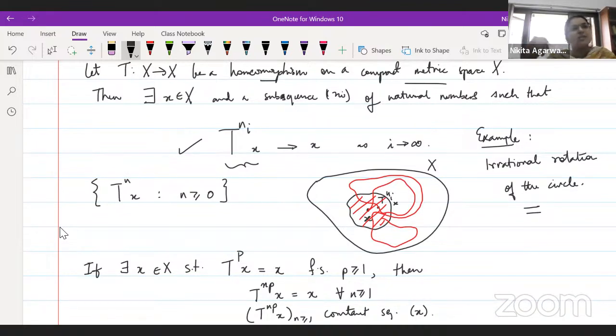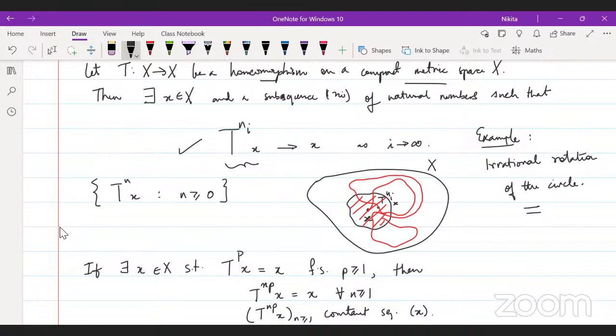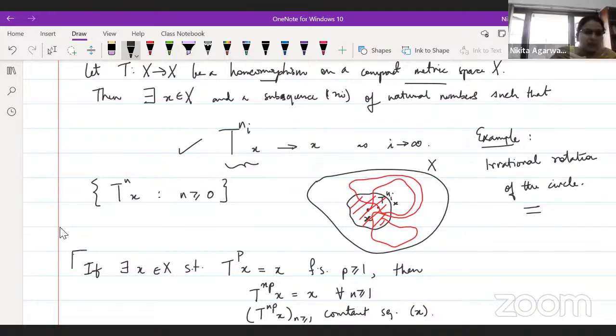For every x, you have a recurrence property. So it's not just that there exists a point, you can prove that for every point this happens. I hope, Soumya, I have answered your question. Yeah. Thank you, ma'am. So this was a very crucial point: if you have periodic points like this, then this theorem doesn't give you anything.